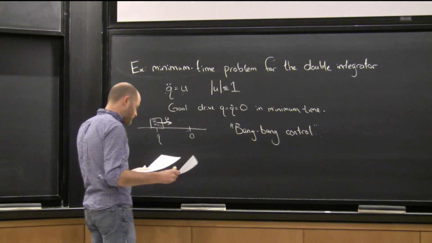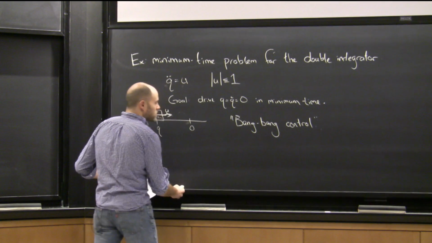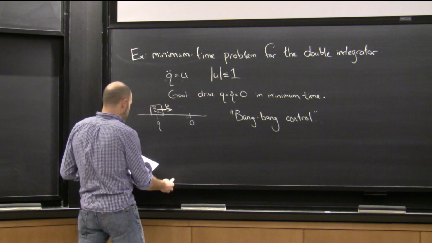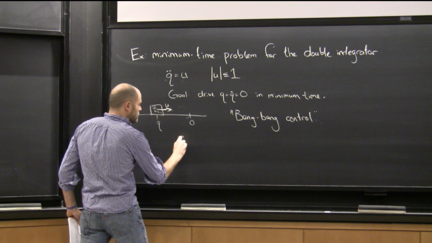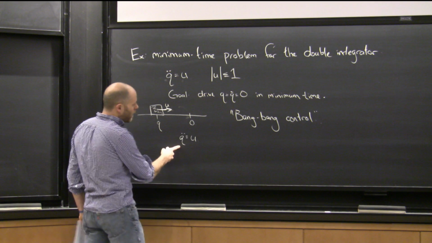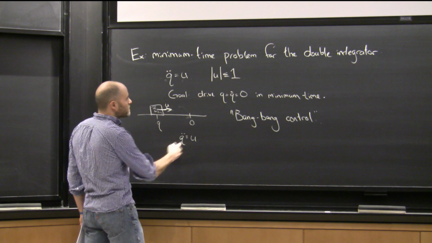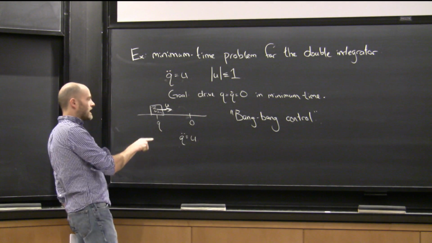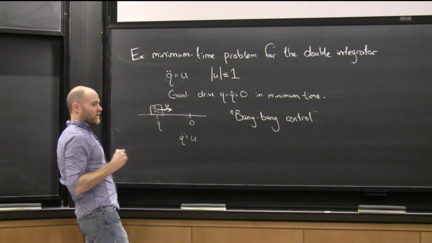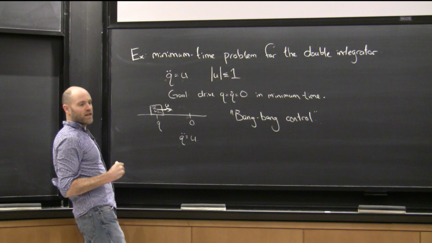So what does it look like here? Let's make sure we understand the geometry of it, because we're going to make sure we can recover it with our tools. If I have q double dot equals u, let's try to understand the dynamics first. Working back from the end, I want to find a solution where, if I'm braking maximally, I understand where that goes.